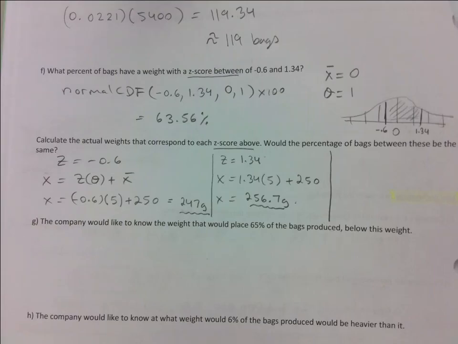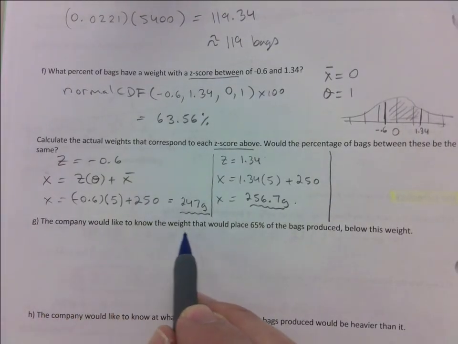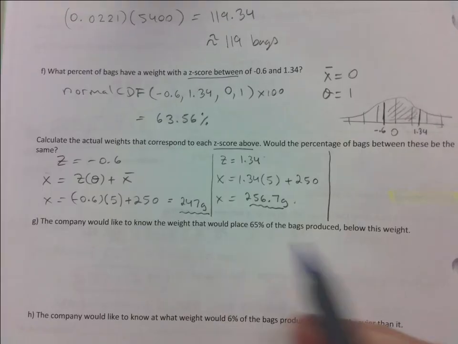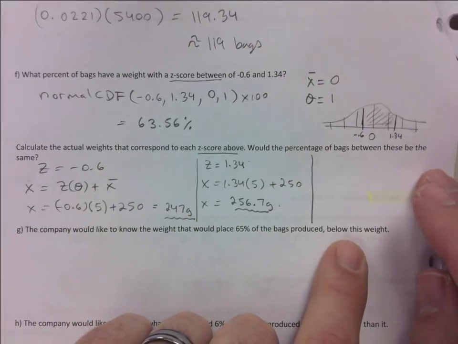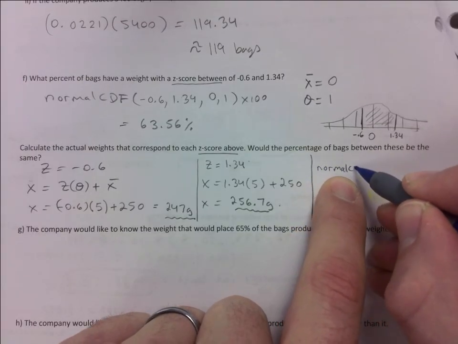If someone says someone's test score puts them at a z-score of 3, you're like, oh, above average. Whoa, way above average, like top, right? If your z-score is negative 3, Zia later, right? Zia next year, right? I'm just kidding. Okay, the company would like to know the weight. Oh, I'm not done yet. Whoa, wait. I got sidetracked. I shouldn't have.